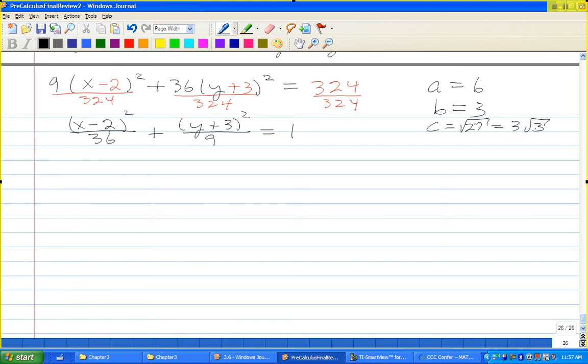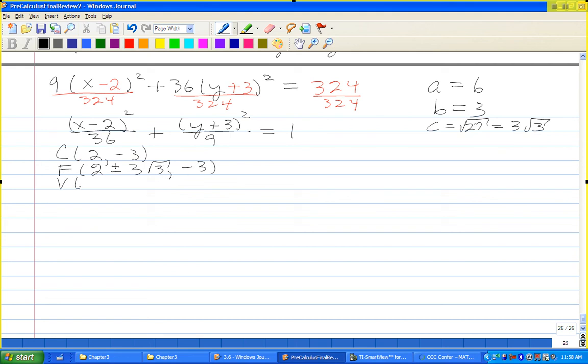So c is the square root of 27, 3 rad 3. And so I want to find the center. The center of my ellipse is 2, negative 3. For the foci, 36 is bigger than 9, so I'll add to the x. The foci are at 2 plus or minus 3 rad 3, negative 3.